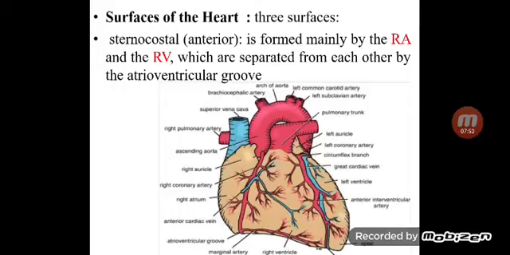The first one is sternocostal, related to the sternum and costal cartilages anteriorly. So this is named the anterior surface or the sternocostal surface.